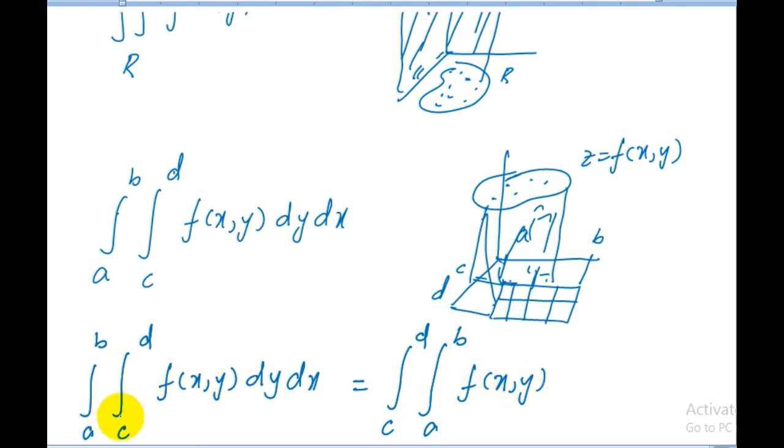Now we change the order of the integral. We have to change this order of differential dy dx, so we write it as dx dy. So the order of the integral can be changed by this relation.